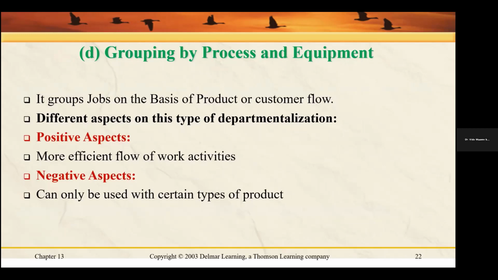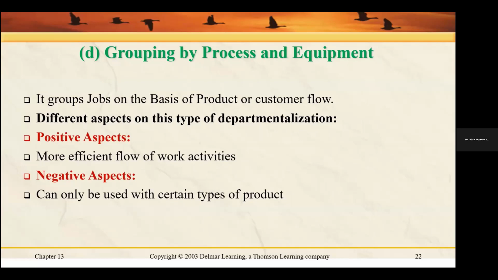So these are the different aspects of it. We have the positive and the negative aspects. In our healthcare, we go through various processes, and we also have equipment that we can use in providing services to our patients.